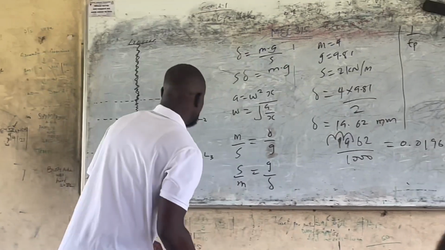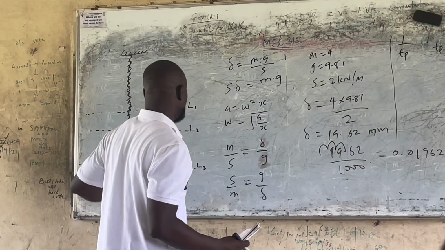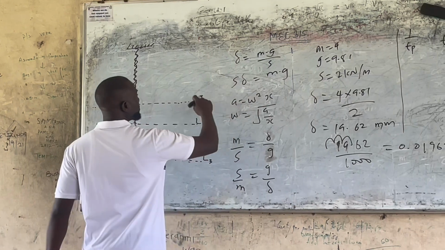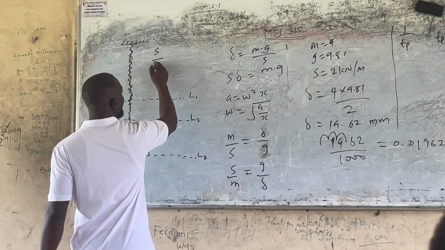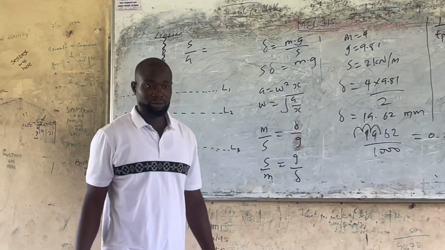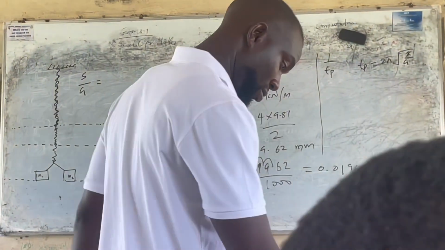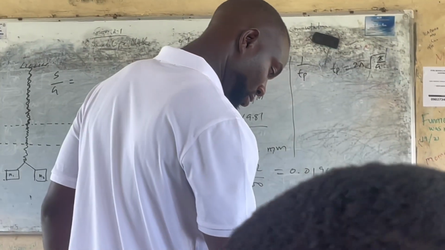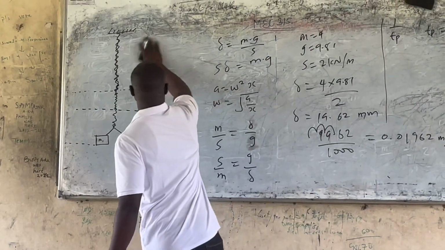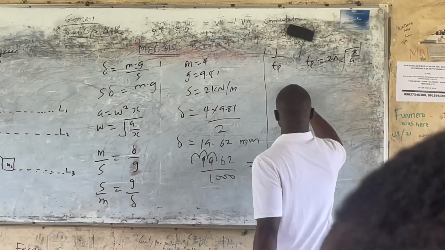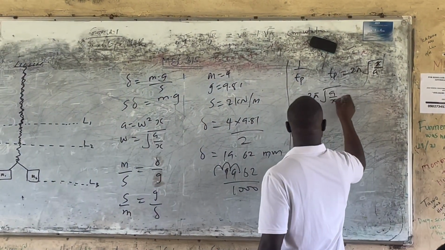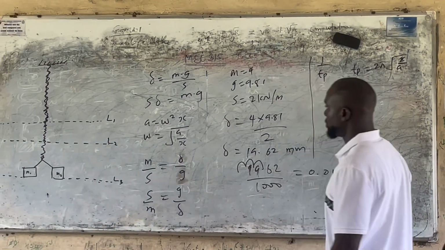M over X. I've done it somewhere. You have cleaned it. M over X. So now what about TP? 2 pi root A over X, right? What's A over X from the one we did?